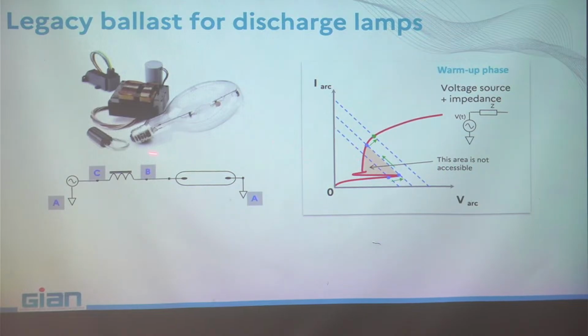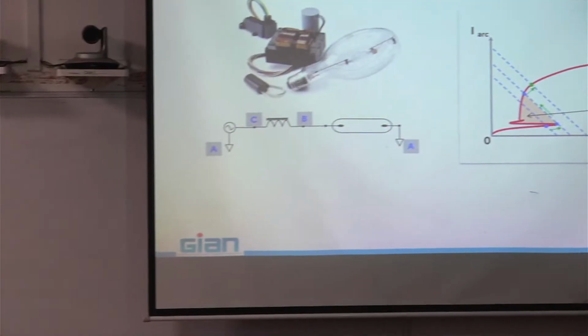But the problem is that here, due to some inertia, the curve will go from here to here. That means all that area here, the lamp is in free situation. The ballast is no more following the evolution of the charge.